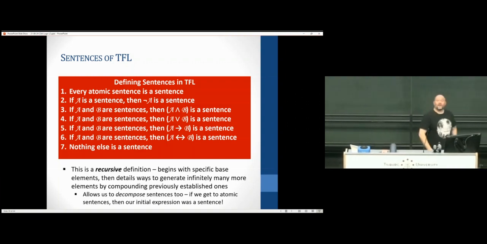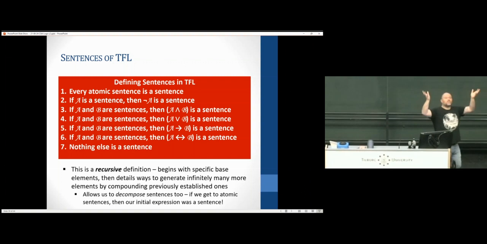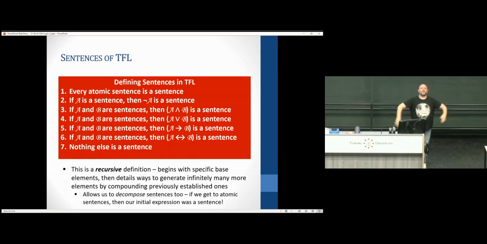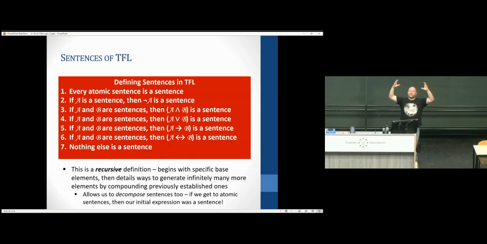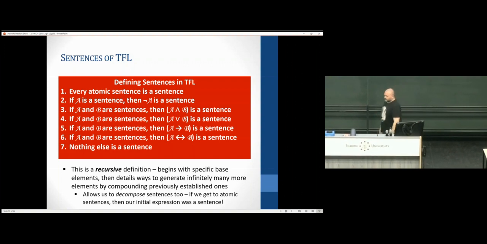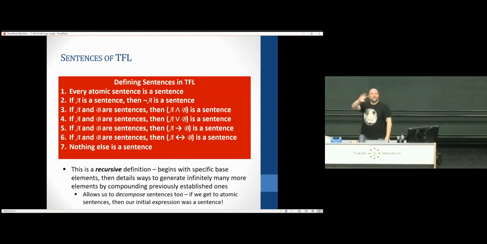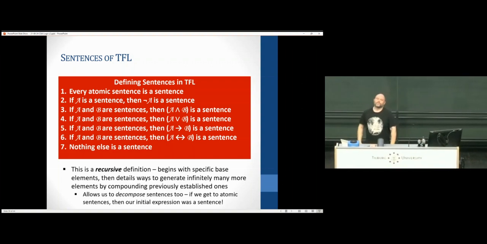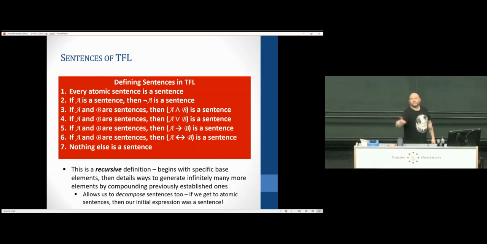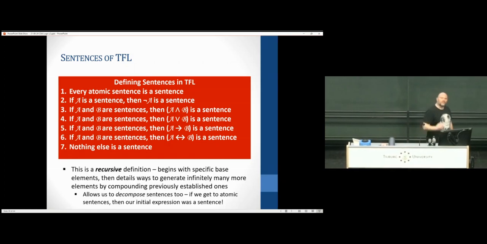Second one, if A and B are sentences, then you can take them, put a conjunction in the middle, and put brackets around it and get a sentence. The third one is the same, we just replace the conjunction with a disjunction. The fourth one is the same, we just replace it with the arrow.